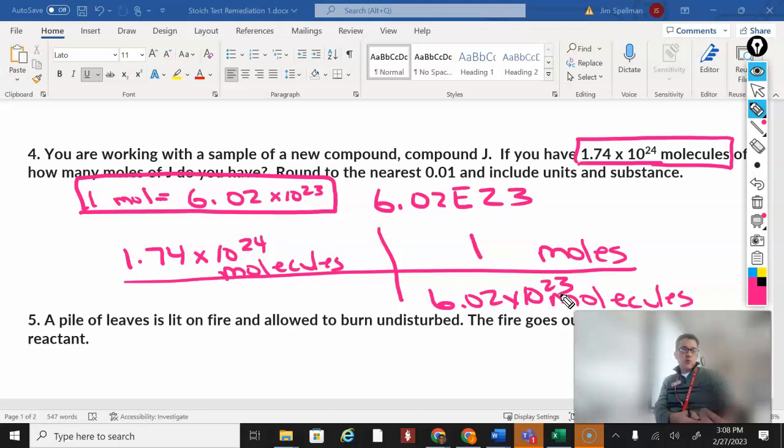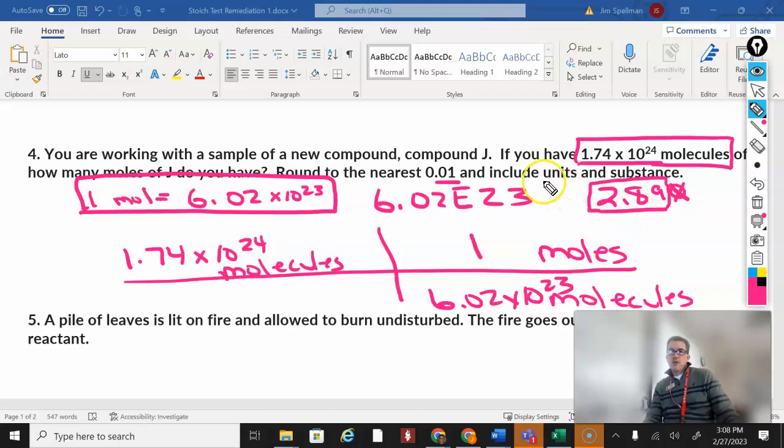So again, my calculator, 1.74 E 24th divided by 6.02 E 23. I hit the equal button. I get 2.890. I need 2 places past the decimals, so I need that many numbers. Because the first number that I'm cutting off is less than 5, I don't need to round, so I put this in as my quantity. Again, the units in this case are going to be moles, which is MOL. And the substance in this case was imaginary compound J, so it's going to be moles of J.